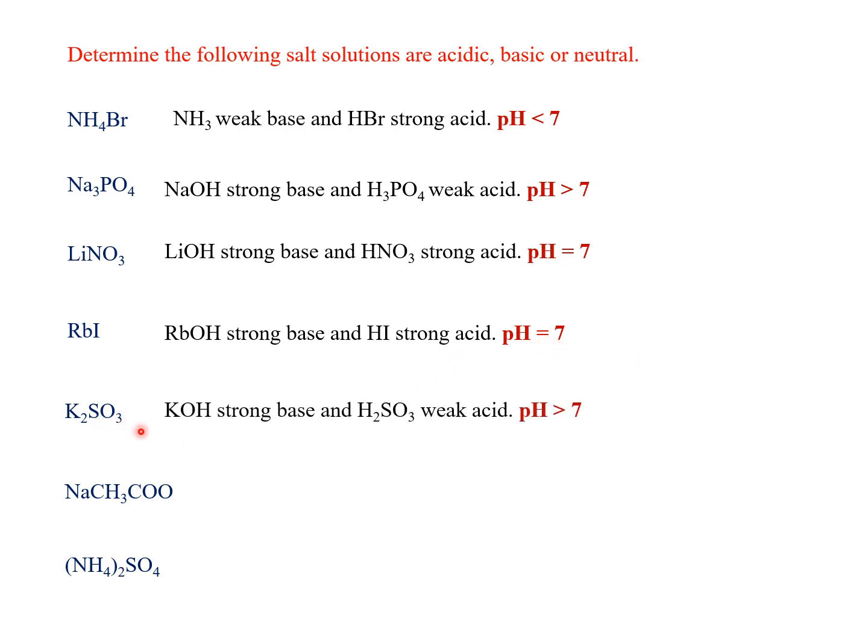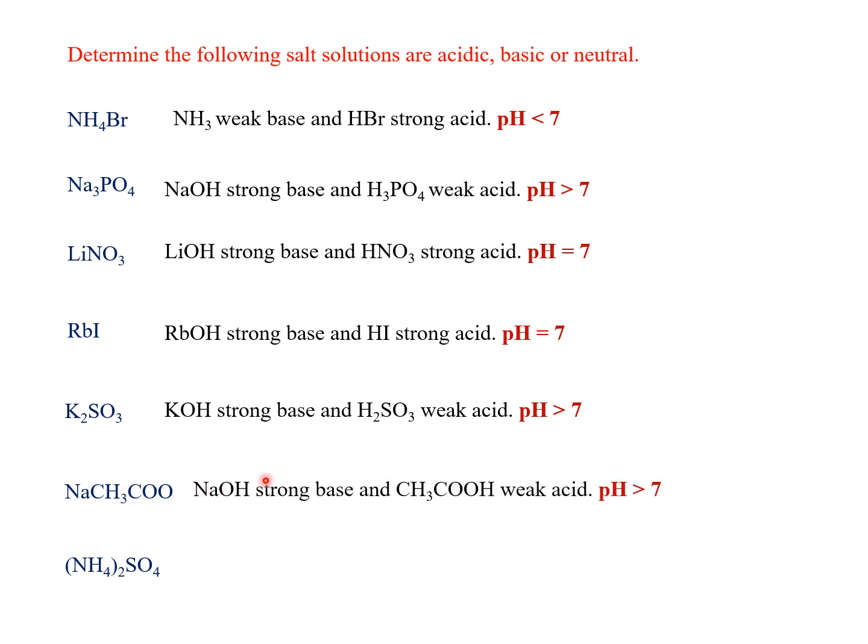Potassium sulfite salt is formed by potassium hydroxide, a strong base, reacting with sulfurous acid. This is not sulfuric acid; sulfuric is the strong version. This is sulfurous, with O-U-S. So the pH is on the stronger side, that is basic, greater than 7. Next one is sodium acetate.